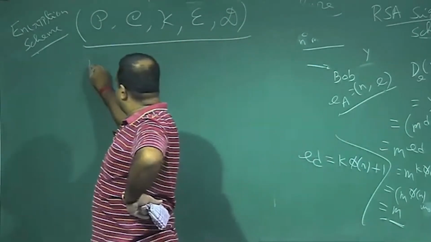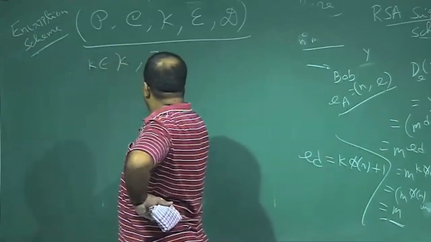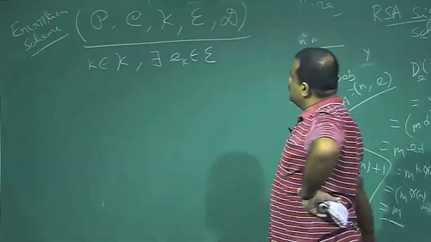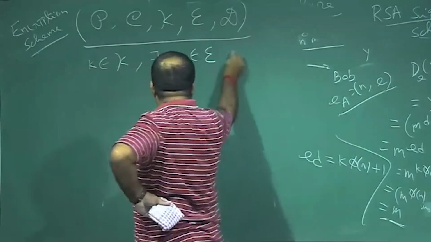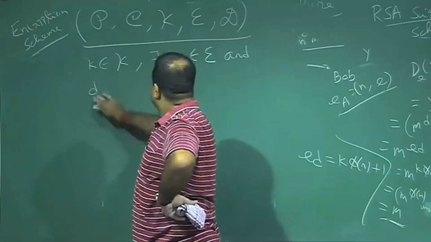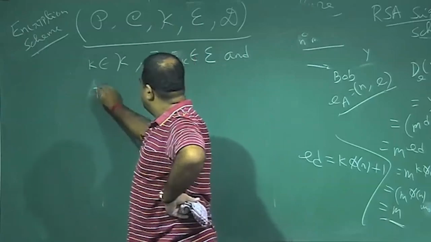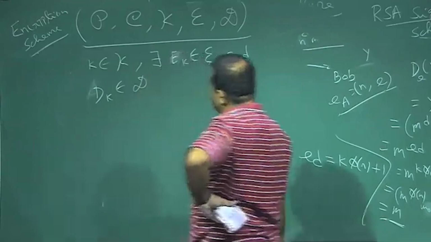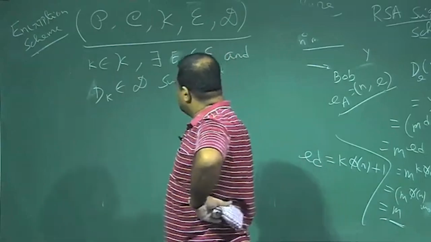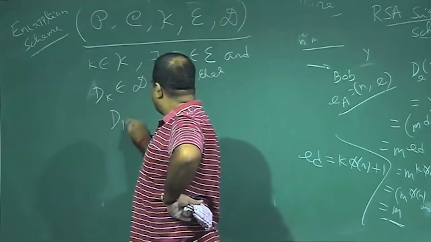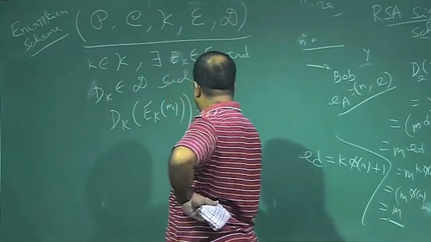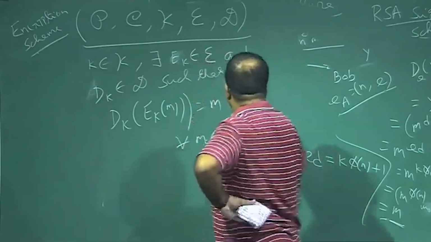Such that for every key from the key space there must exist an encryption algorithm from the set of all encryption algorithms, and a corresponding decryption algorithm, ek and dk, from the set of all decryption algorithms, such that dk of ek of m should give us m, and this should be true for all m belonging to the plain text space. So, this is the encryption scheme.